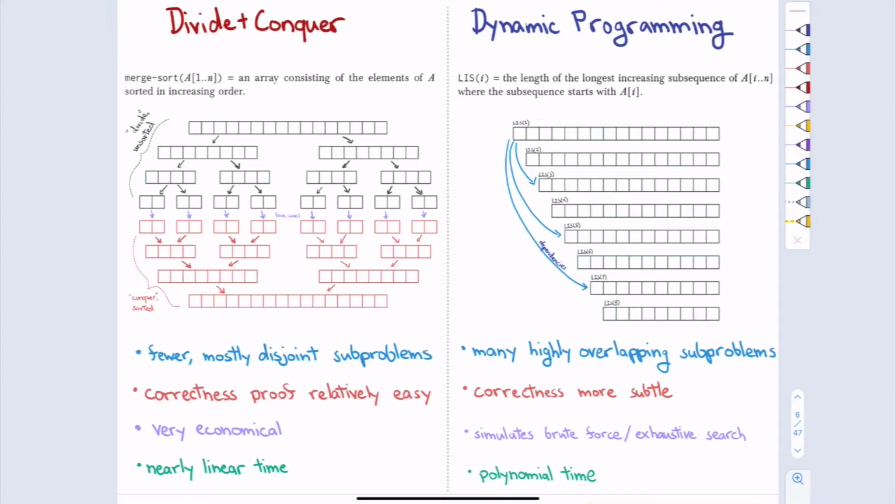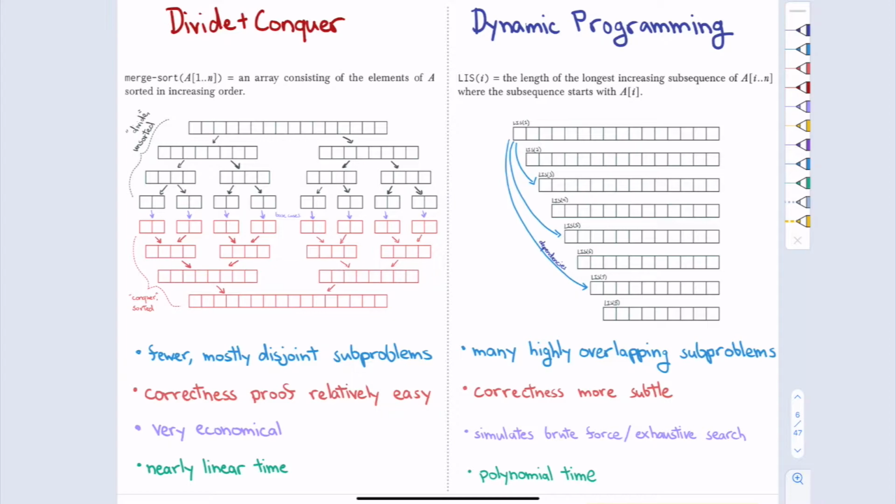There's an effort to keep the subproblems disjoint. Whereas with dynamic programming, usually these were tricky problems, and the goal was just to get any polynomial running time. They weren't so aggressive about partitioning the input. They were more trying to be exhaustive to make sure you don't leave out any cases. So we get very overlapping subproblems, not trying to cut corners. Cutting corners rarely works.